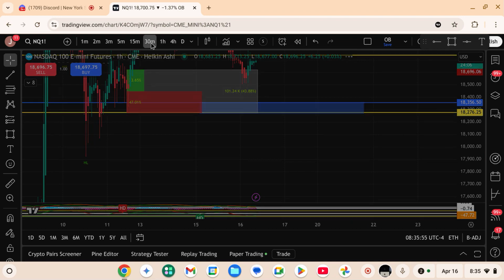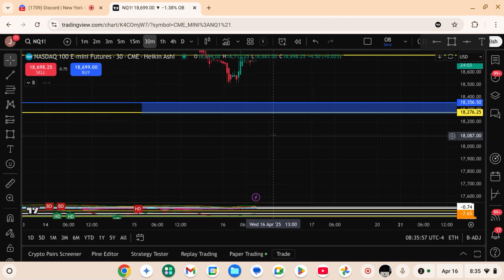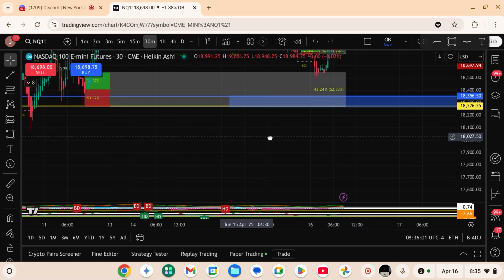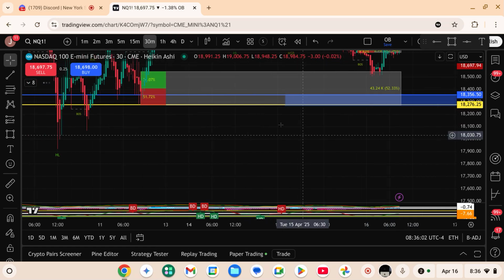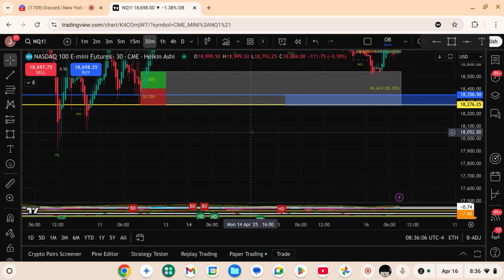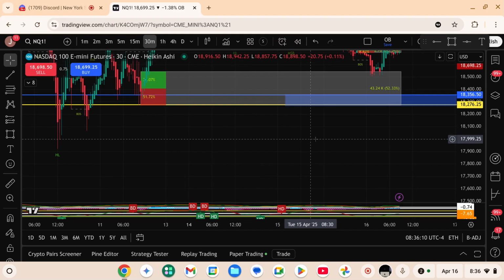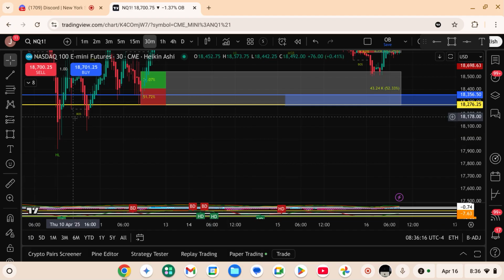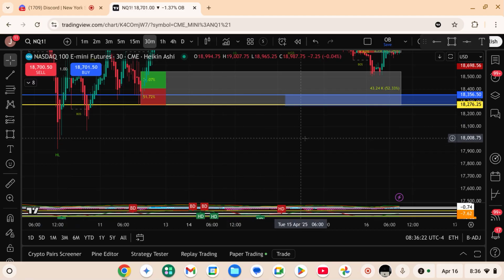Actually, let's look at the half hour for a target. We'll target this last blue candle or green candle right here. Target that one.